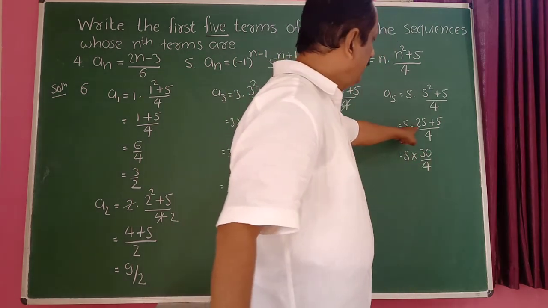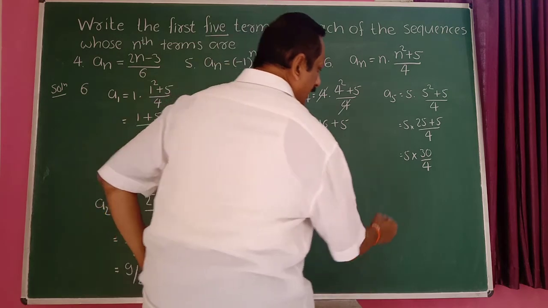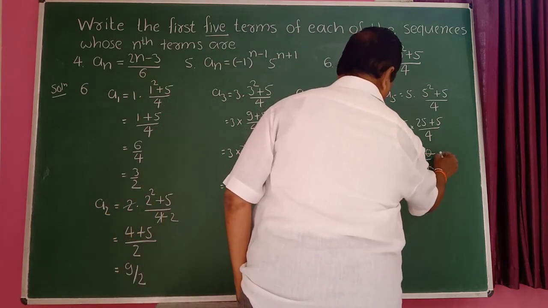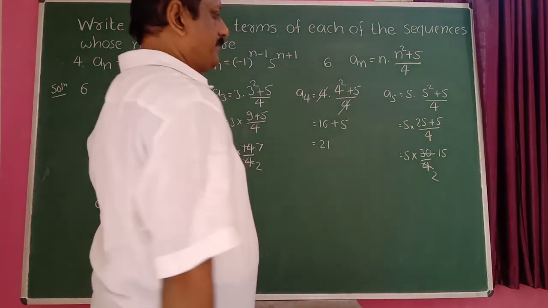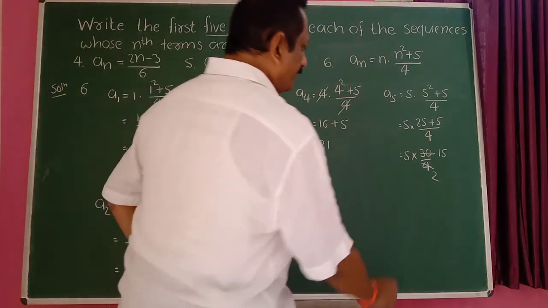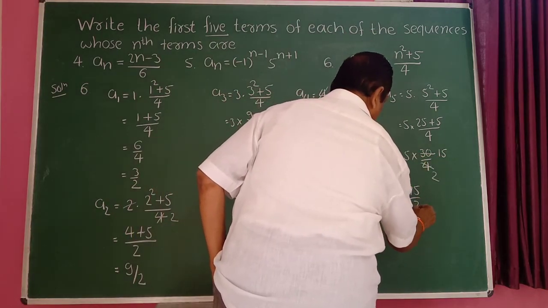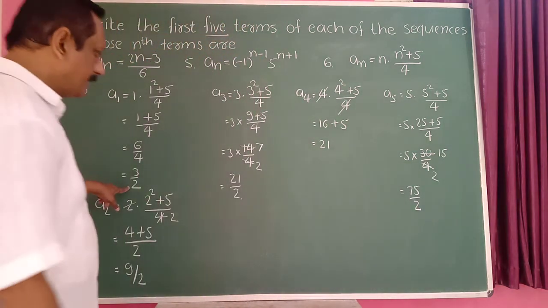You can cancel again, 2 2s are 4, 2 15s are 30. 15 5s are 75. So 75 divided by 2.